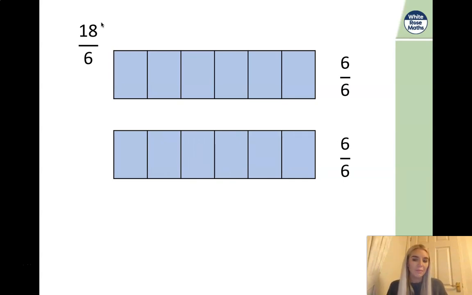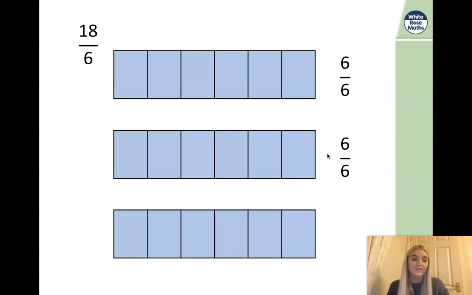Now, with my bars, have I made 18 sixths so far? I haven't, have I? How many sixths have I made so far with my bars? That's right, I've made 12. I've got 1 sixth, 2 sixths, which is 12 altogether when you add them together. Now if I add another 6, that gives me 18 sixths.